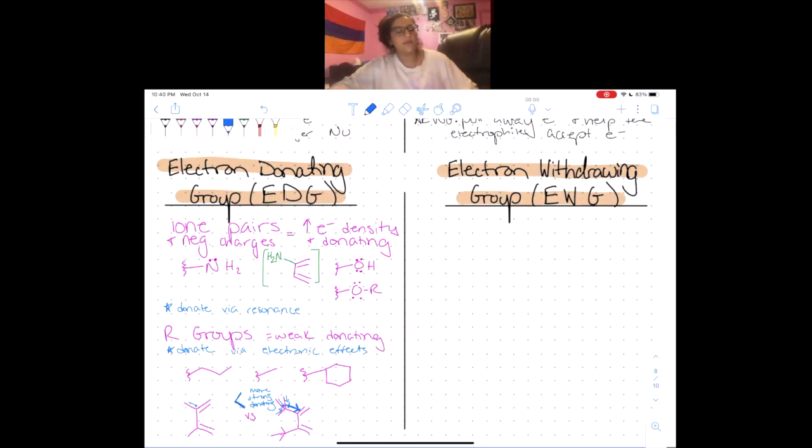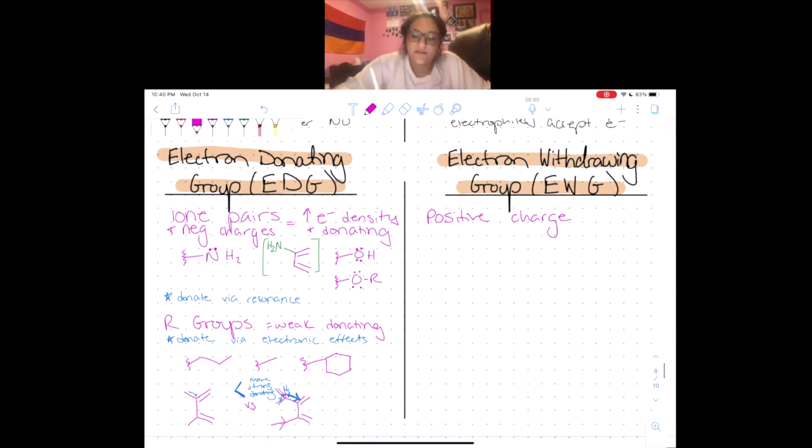So yep, that's pretty much it for electron donating groups. Now for electron withdrawing groups, it's essentially anything that pulls away electrons. So the biggest hint that we have is positive charges, because we know that steals electron density, so that would be withdrawing.